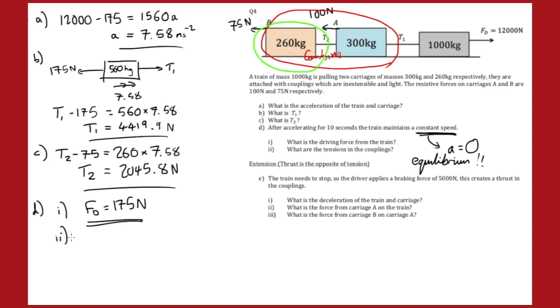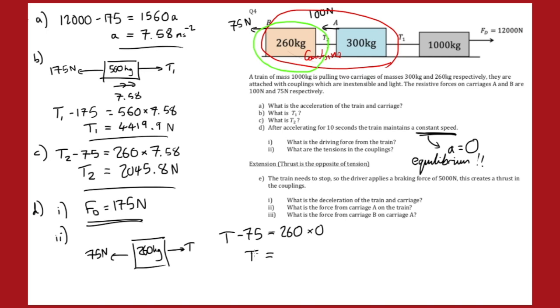Okay, what are the tensions in the couplings? Well, we could make an assumption here, or we could just make sure that it does work. So let's look at the last carriage just to make sure that our guess works. For the last carriage, 260 kilograms, tension this way, 75 newtons that way, we can write that T minus 75 equals 260 kilograms times by 0.